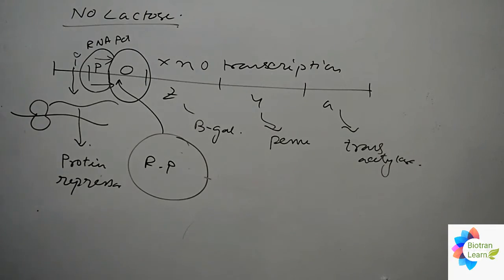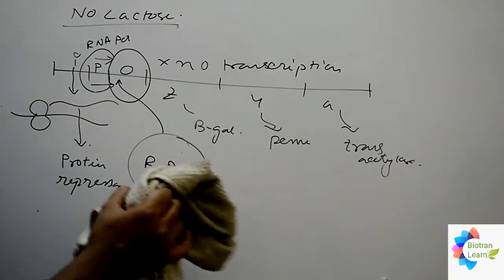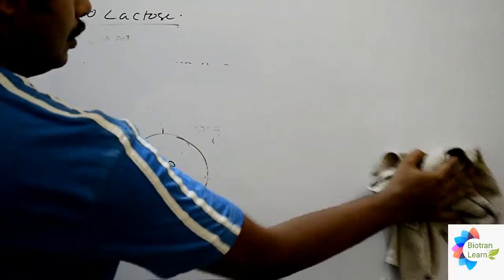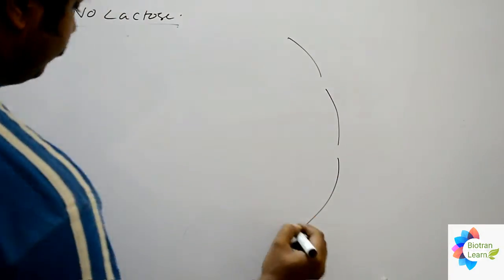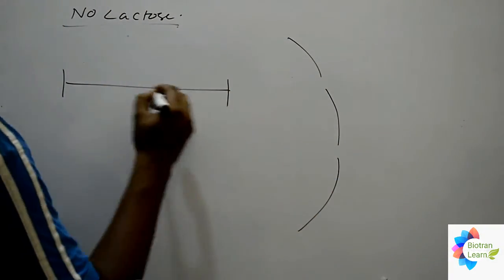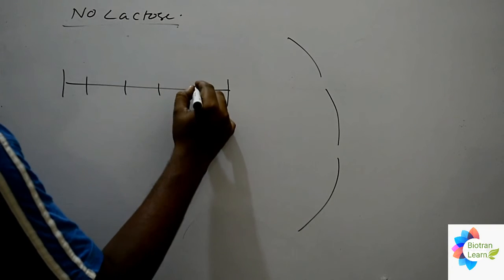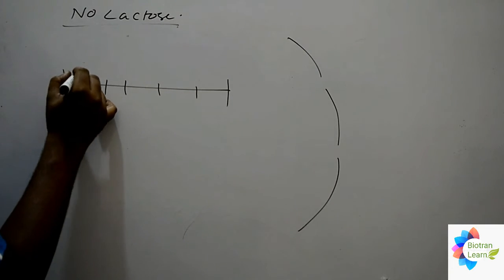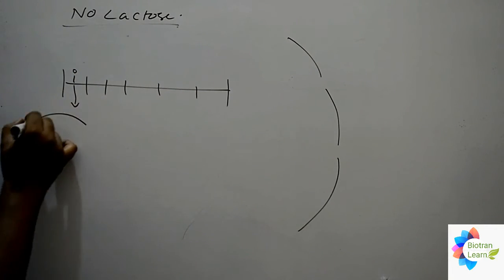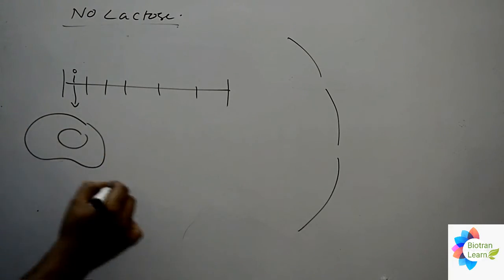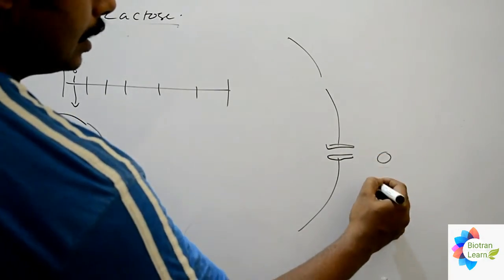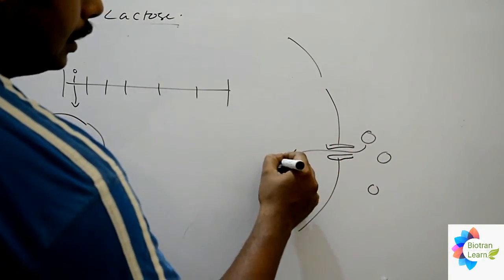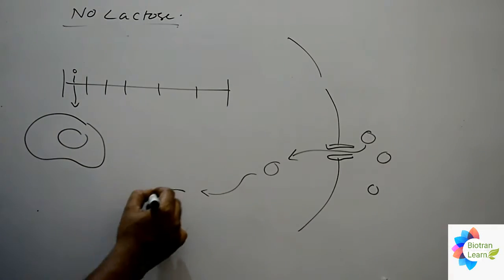Now let's see what happens in case of lactose. Suppose this is a cell membrane, this is our gene. The I repressor protein that was produced earlier, when lactose is entering this particular section, what would happen?